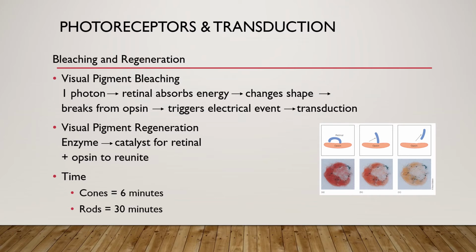And this takes enzymes from the pigment epithelium that act as a catalyst for the retinal and the opsin to now reunite so that we can go through that again. It takes time, this regeneration process. For the cones, it takes about 6 minutes. For the rods, it's estimated somewhere usually between 20 to 30 minutes.